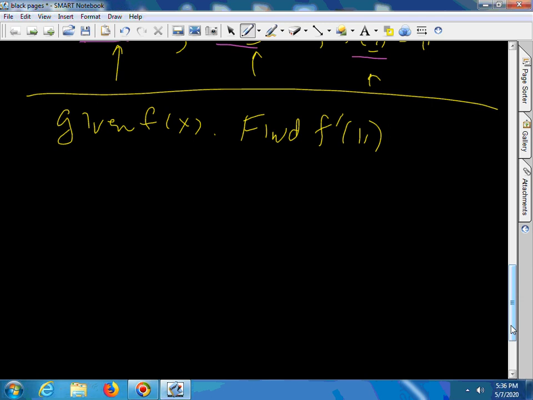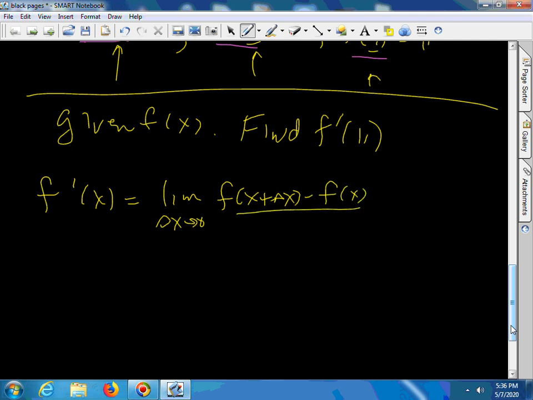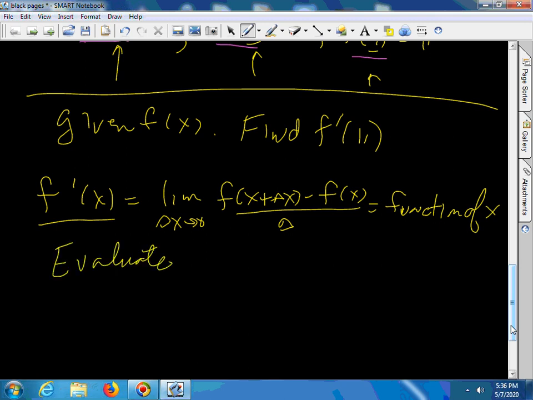well, I have two methods of doing this. I can find f prime of x by calculating this limit, and as it says, I get a function of x, and then I evaluate f prime of 11.